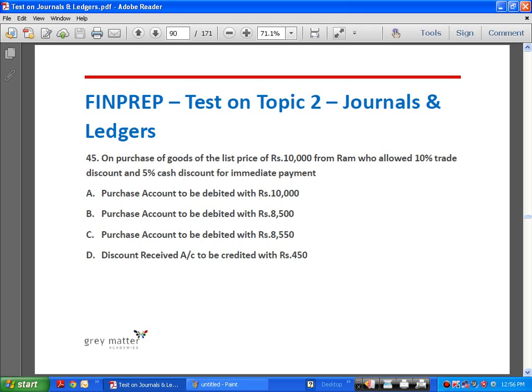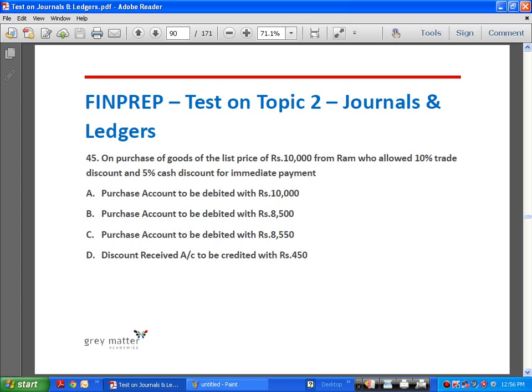So on 9,000 he gets 5% discount, which is 450 rupees. This is the discount that he is receiving, right? So the cash outflow in this transaction is 9,000 minus 450, which is 8,550.